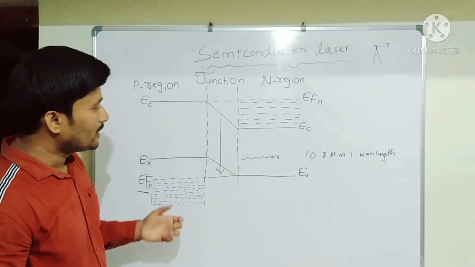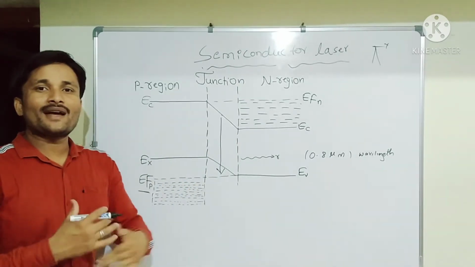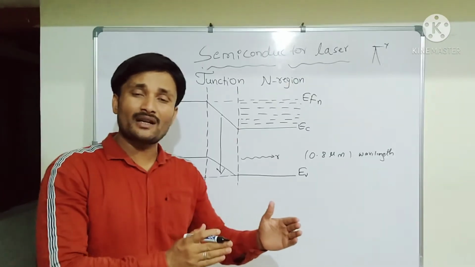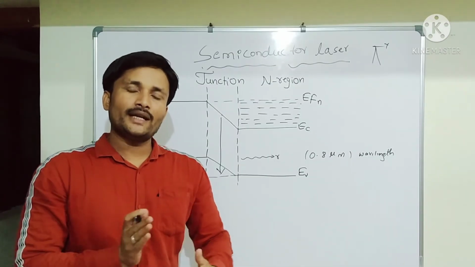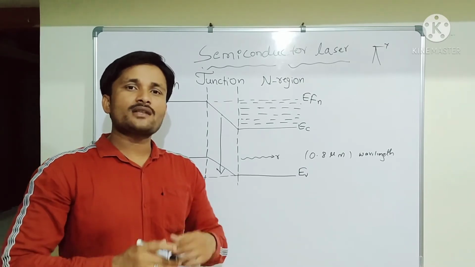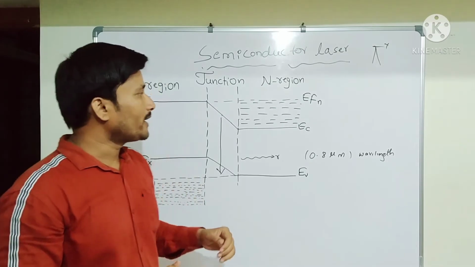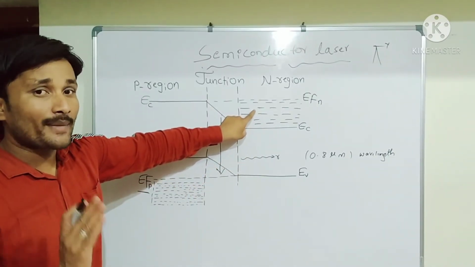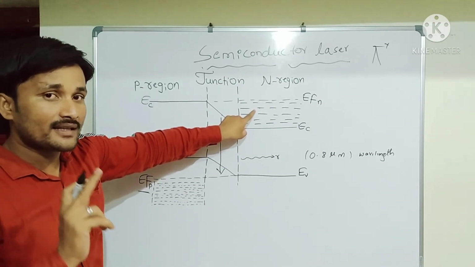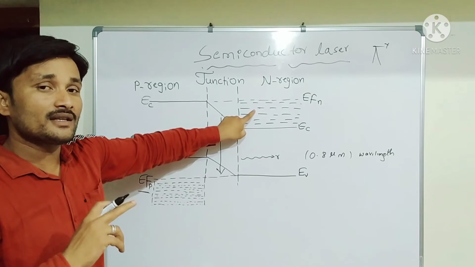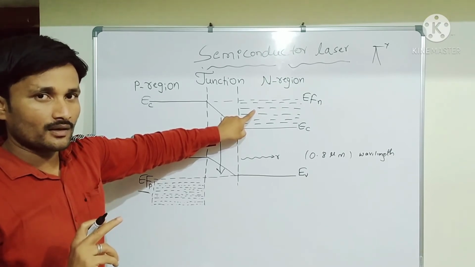Now in the case of forward bias, we know that forward bias means the positive terminal of the battery is connected to the P region and the negative terminal is connected to the N region. The majority charge carriers of the N region are electrons and the majority charge carriers of the P region are holes.